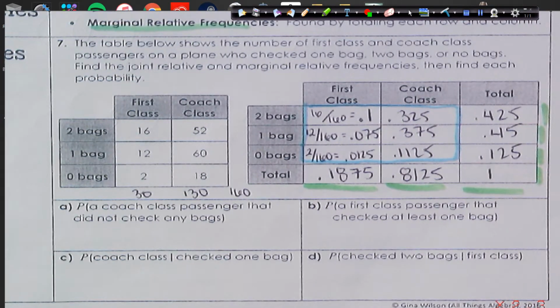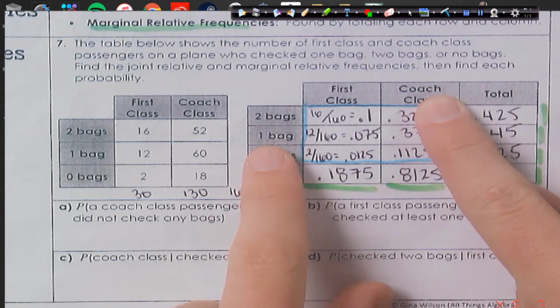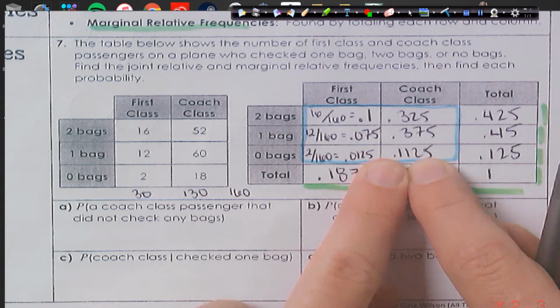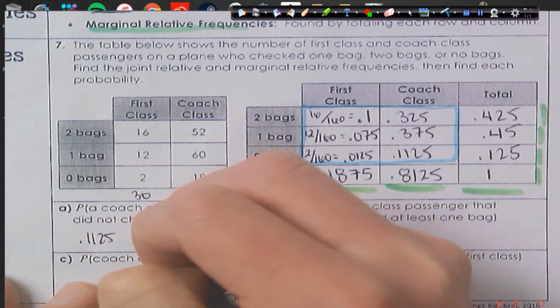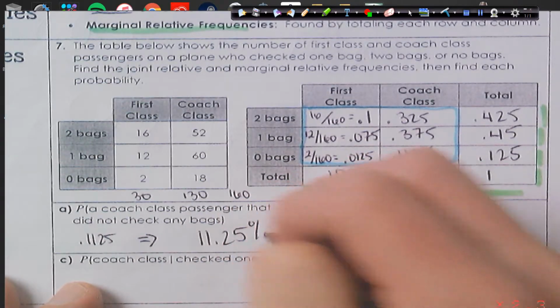Probability a coach class passenger did not check any bags. Well, we can actually just look at this. Coach, 0 bags, 0.1125. Now we want a percentage, so we move the decimal over twice. So that becomes 11.25%. Okay.